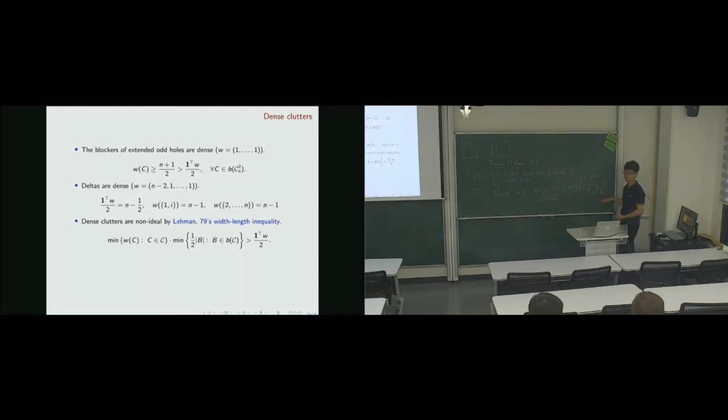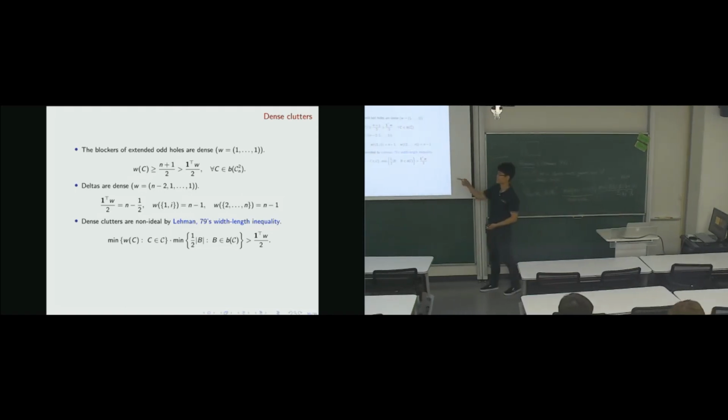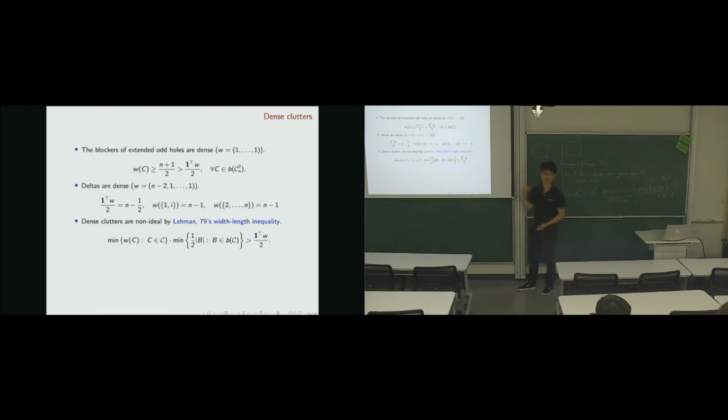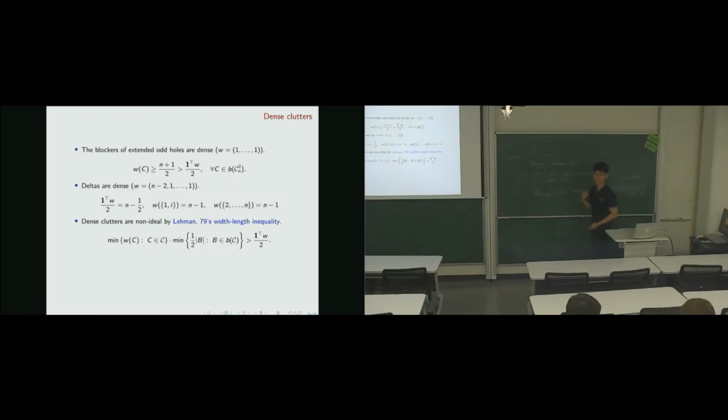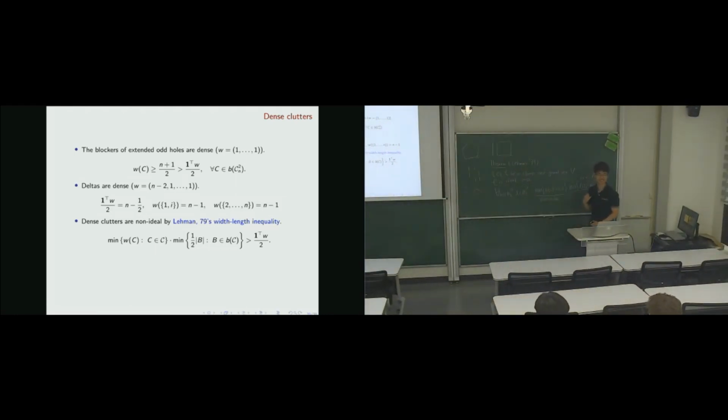But by using this theorem, you can prove that dense clutters are non-ideal. Can you guys tell me why that's the case? So you can use the same weight coming from density, and it's just a problem of setting a proper length.